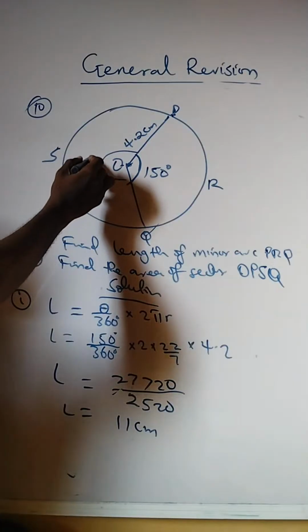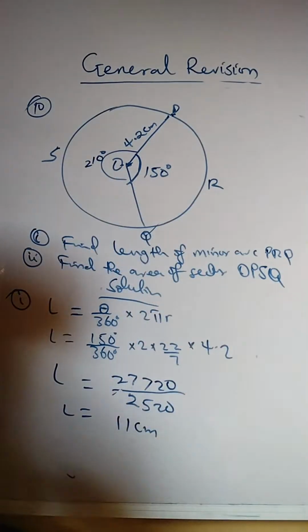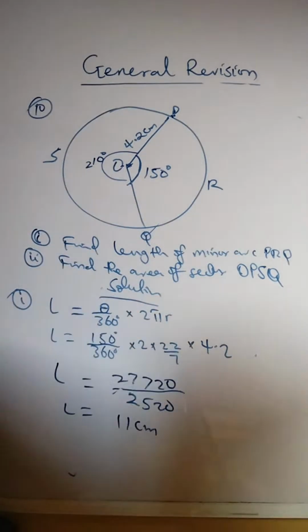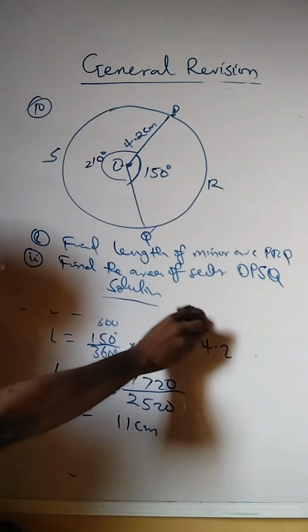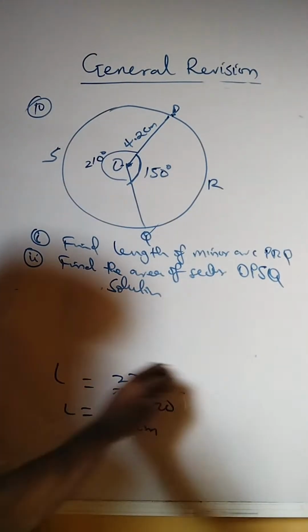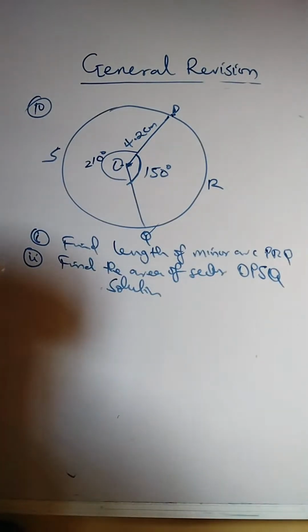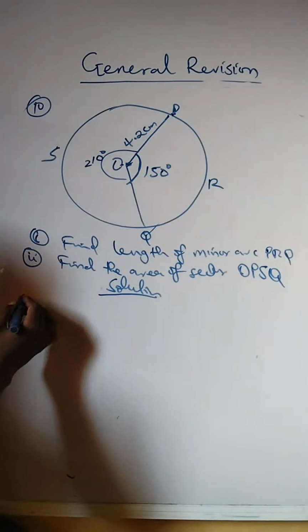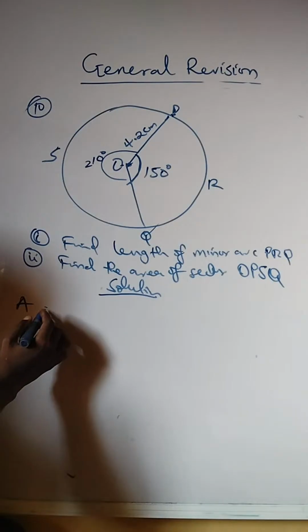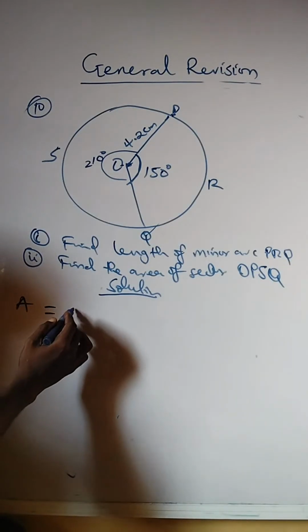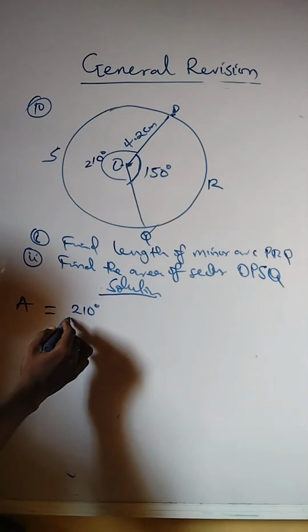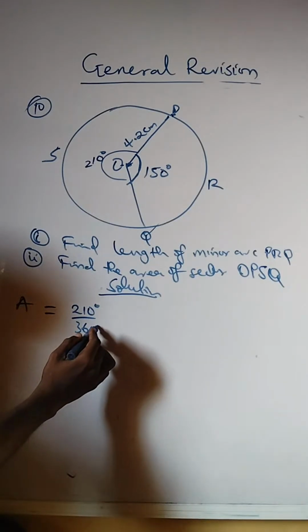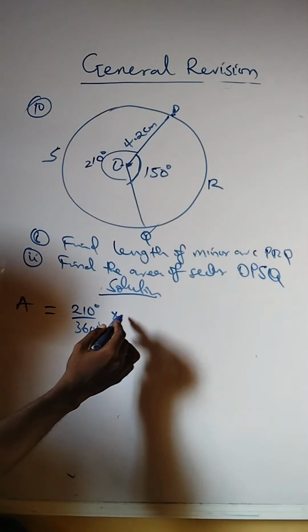So this angle gives us 210 degrees. And the formula to calculate the area of this sector becomes, area of sector OPSQ, with theta 210 over 360 degrees times pi r squared.